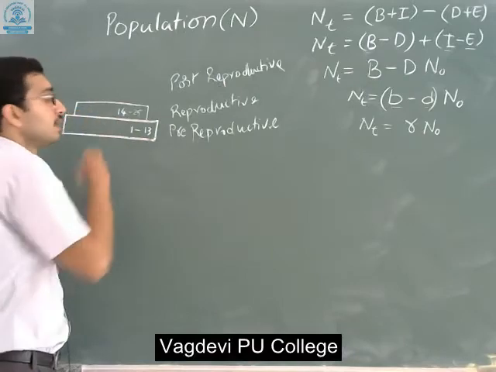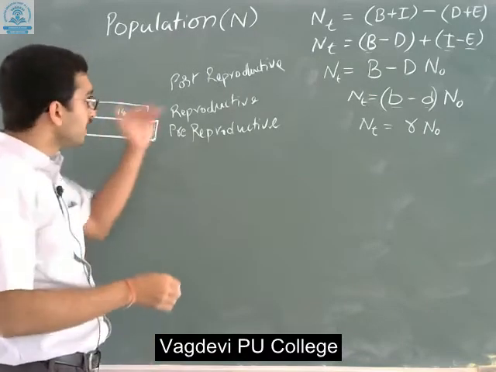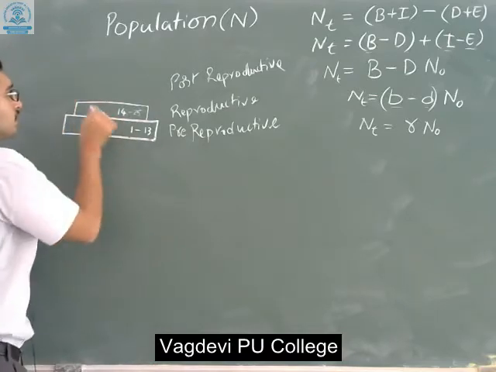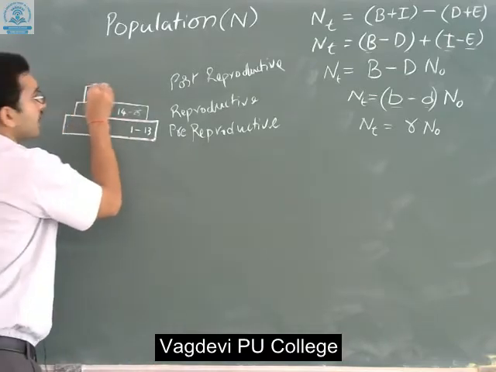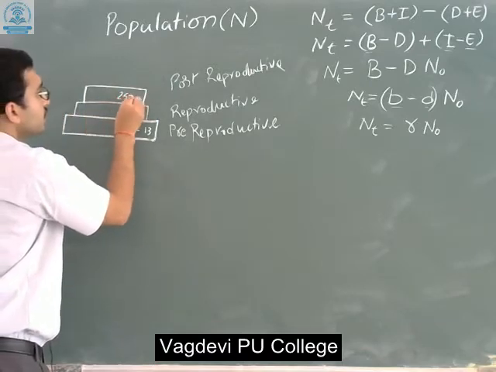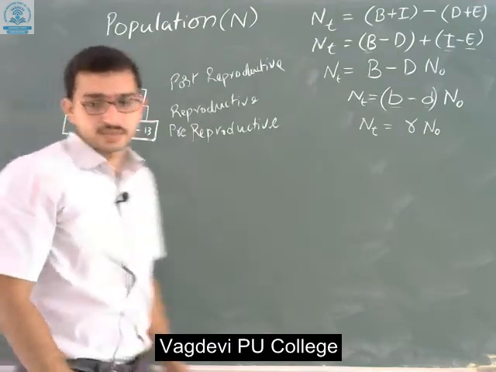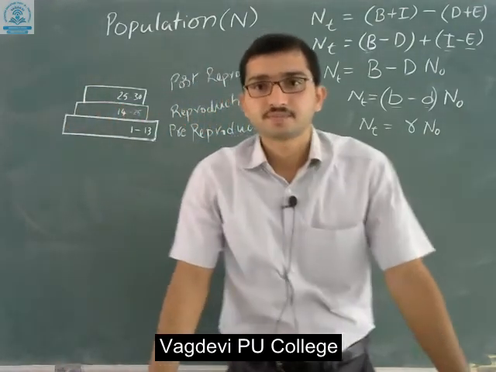This pyramid shows the age differences and their positions. Now one more stack is represented, in which let's assume that individuals of the 25 to 30 age group are present.